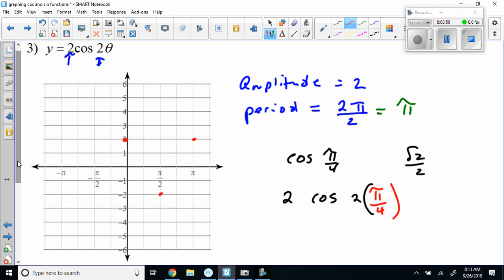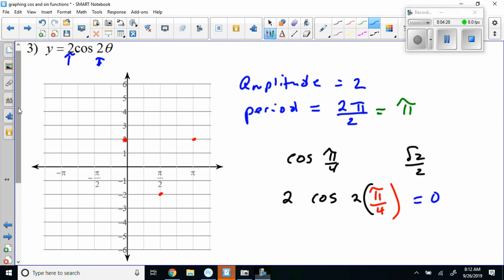You should be in radian mode, but 2 cosine of 2 times pi over 4, and then do you get 0? Tell me what you get out. So when you evaluate this, you get 0.